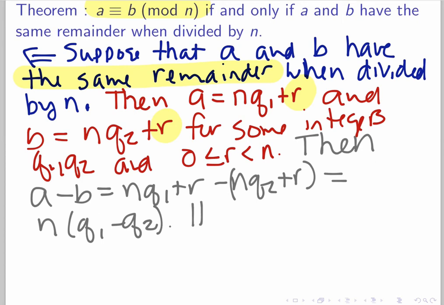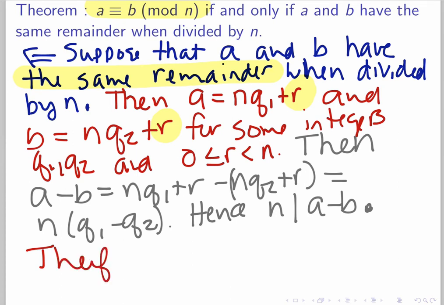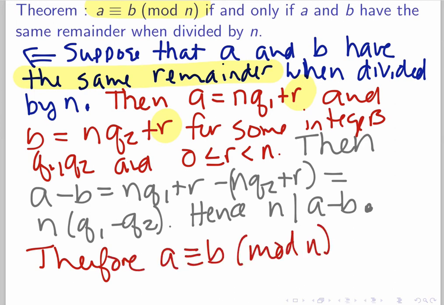That means n divides into A minus B because we've written A minus B as n times some integer. So I'm done, I just have to conclude. Therefore, A is equivalent to B mod n because we just showed that n divides A minus B, and that's the definition of being equivalent mod n. So the reverse direction is finished. We supposed that A and B had the same remainder when we divided by n, and we concluded that A was equivalent to B mod n.